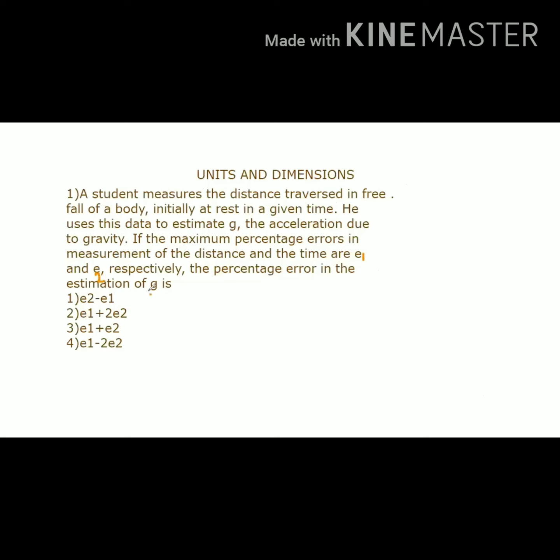As we all know, what is the dimensional formula of g? g, which is nothing but acceleration due to gravity, has the dimensional formula L T to the power minus 2. This is the same as the dimension of linear acceleration, a.